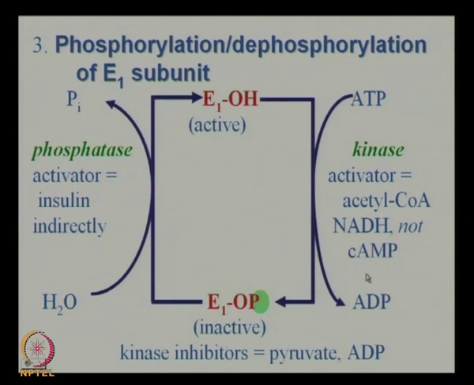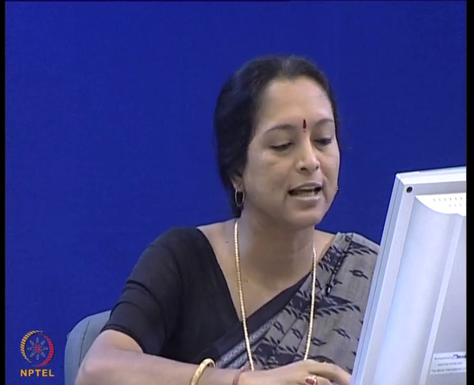So when the ADP concentration in the cell is very high, what is happening? When ADP and pyruvate are very high, it inhibits this particular enzyme, and the total reaction gets stopped. This is the switching on and switching off process, controlled by the allosteric function of this enzyme.